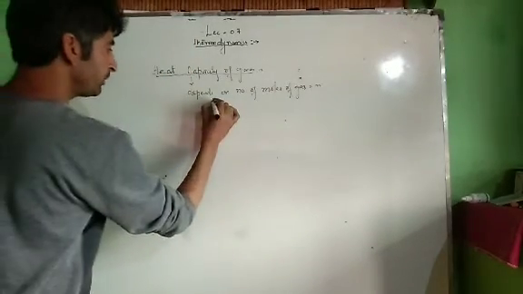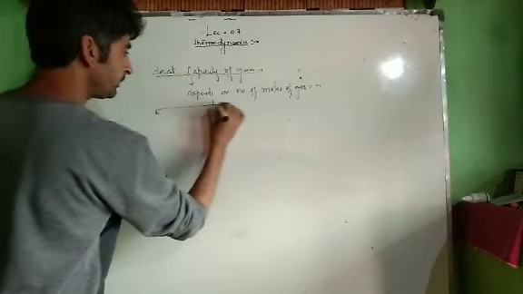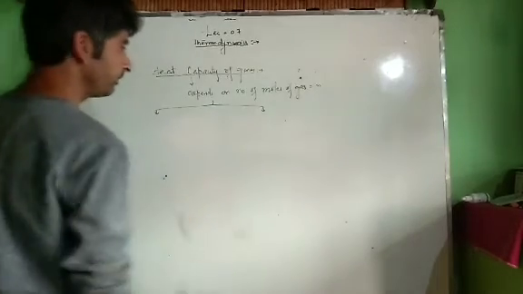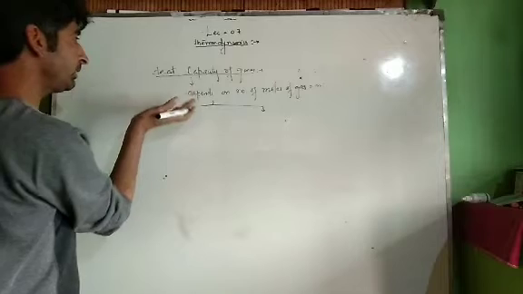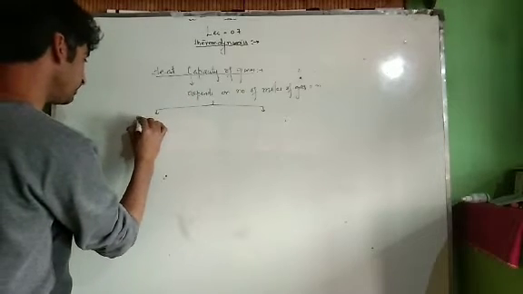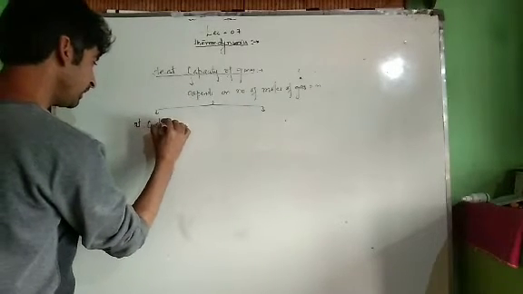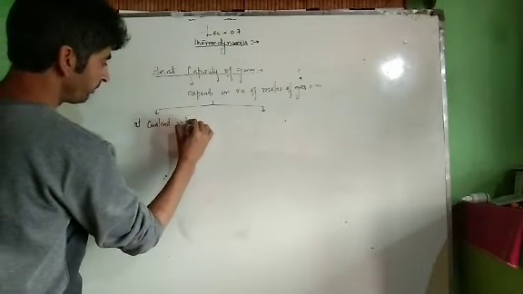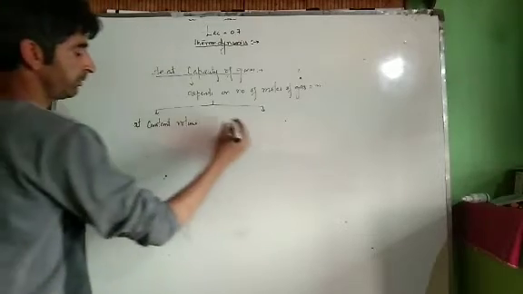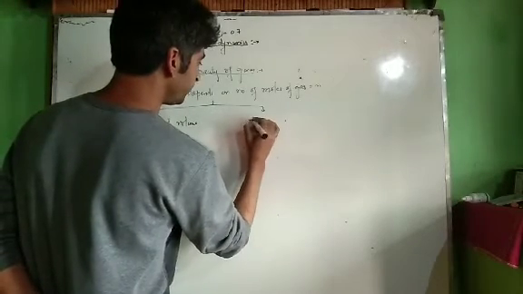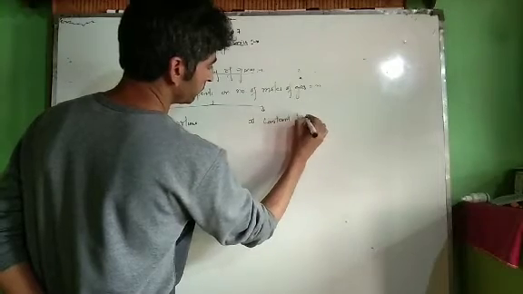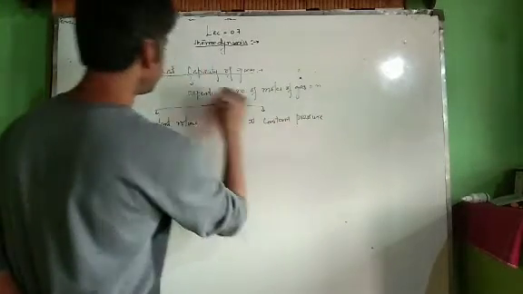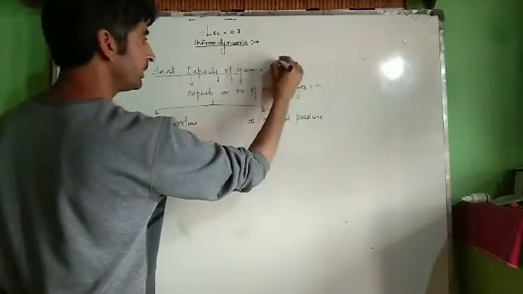Now we have two types of heat capacities in case of gases. Either we give the heat at constant volume, or we give heat at constant pressure. In case of gases, this heat capacity is denoted by C.